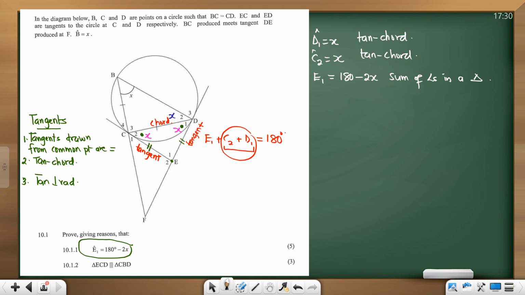That is just one way. I don't know if you did something simpler than this, but I think that is quite straightforward. Angle D1 equals X, angle C2 also equals X, both using the tan chord theorem. There are other ways, like I said.